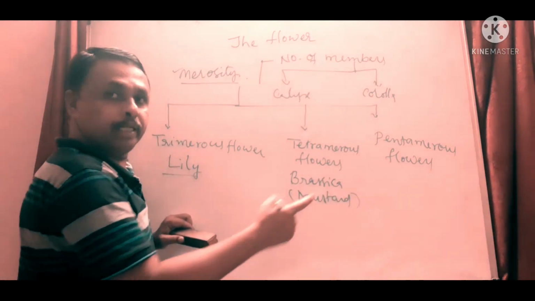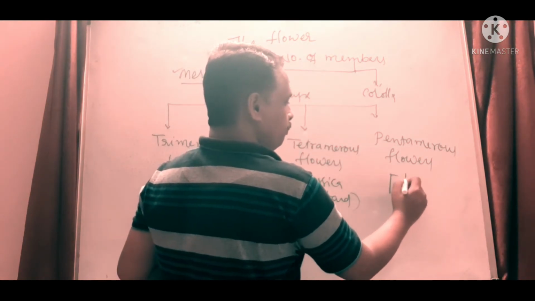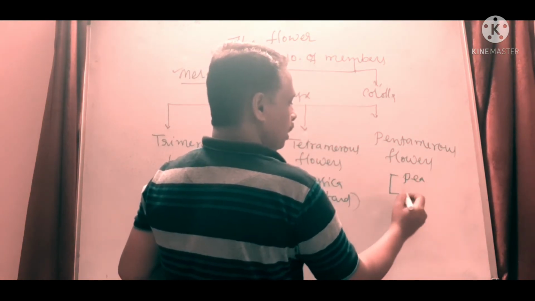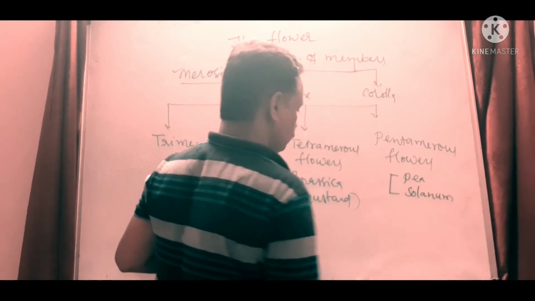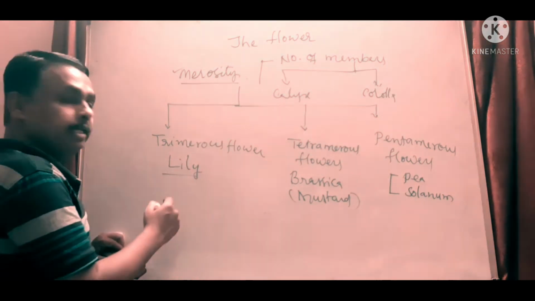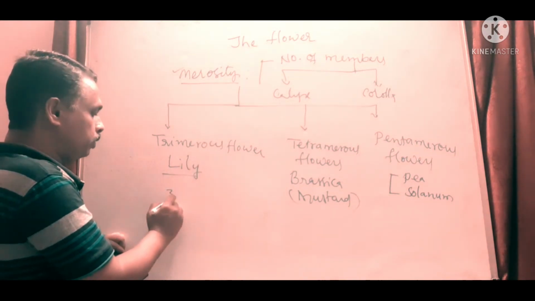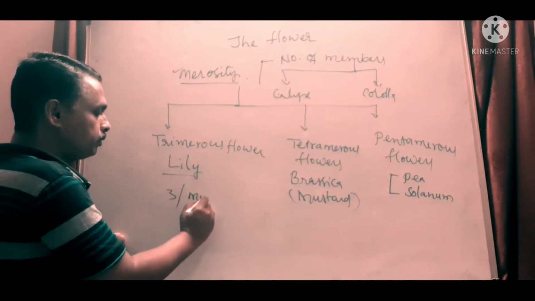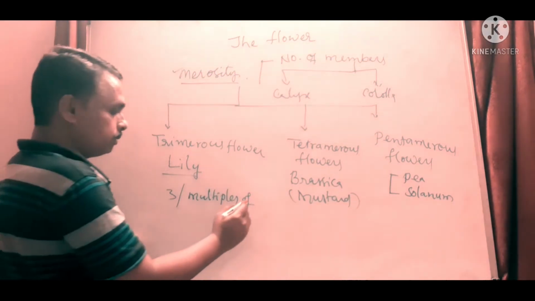And pentamerous: pea and Solanum, brinjal, are the examples for pentamerous. Now trimerous means the number of members of calyx and corolla will be 3 or multiples of 3 in that flower.